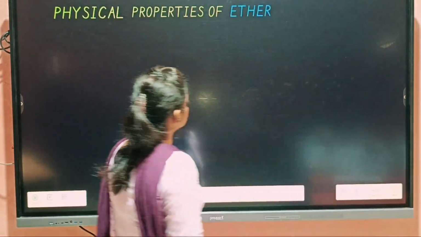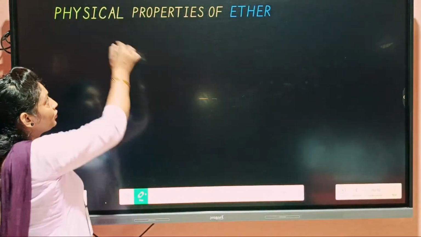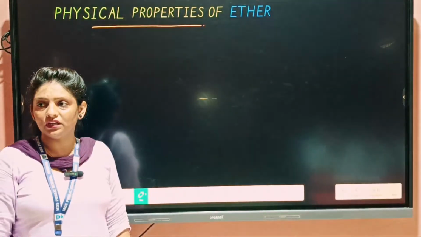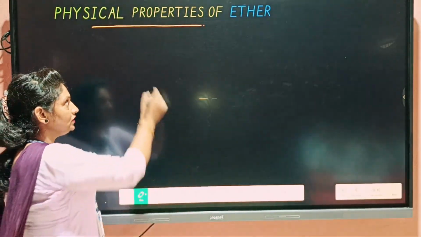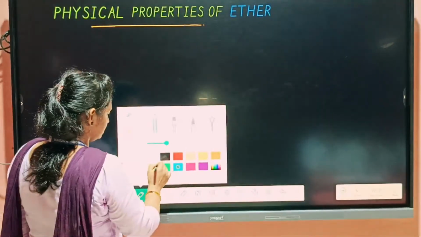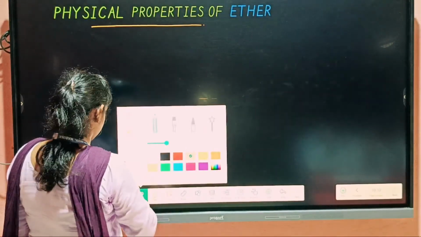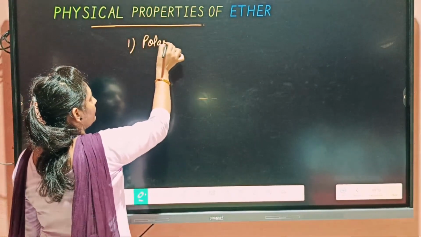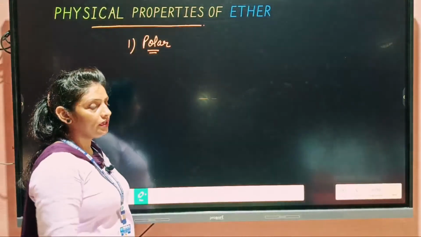Now we are going to discuss the physical properties of ether. First one, they are polar. Why are they polar?